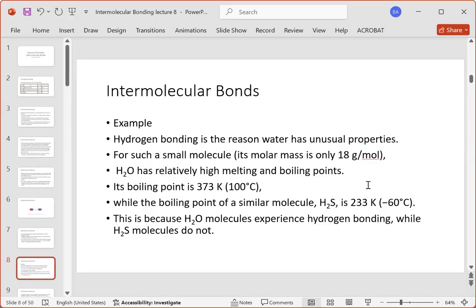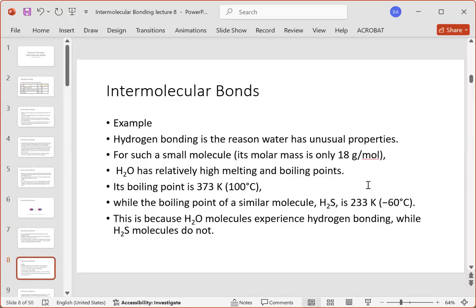So the hydrogen bond is the reason water has unusual properties. Hydrogen bonding with oxygen is essentially strong for such a small molecule, whose molar mass is 18 grams per mole. So H2O has a relatively high melting and boiling point.